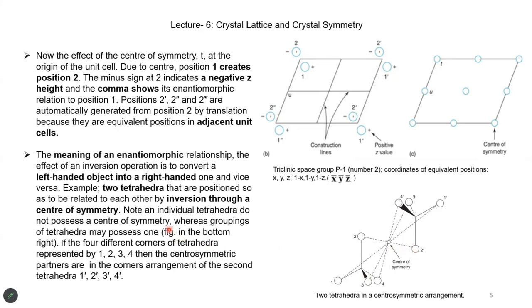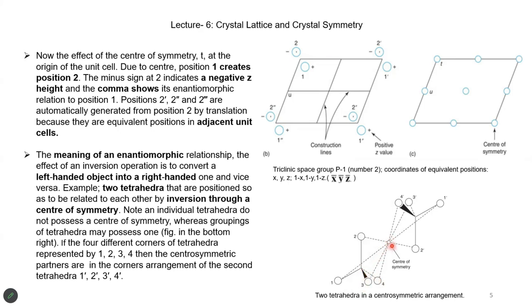We show how a center of symmetry relates the points. Well, we take the example of 2 tetrahedra, positioned in such a way that they have a center of symmetry. Mind that an individual tetrahedron will not have any center of symmetry, but 2 tetrahedra are positioned in such a way that they do. They are at equal positions, the 4 corners of the tetrahedron. This is one corner, another corner, another corner, and another corner.